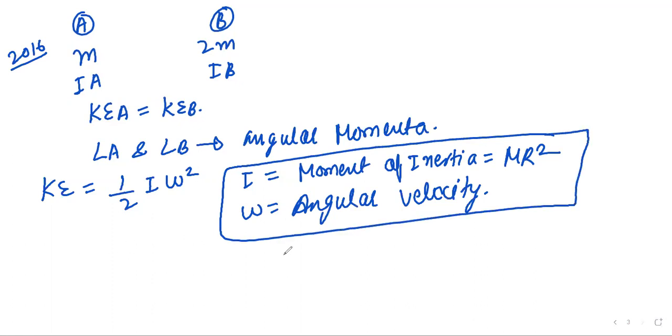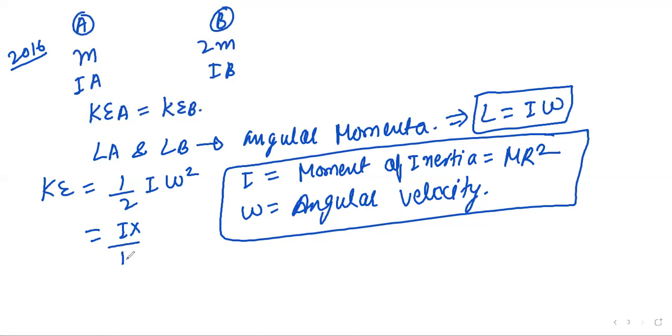So you can convert angular momentum. Angular momentum is defined as L equal to I omega, moment of inertia into angular velocity. I want I square here, so I will multiply and divide with I. So I into I by 2 into omega square, so the numerator has become I square omega square by 2I.